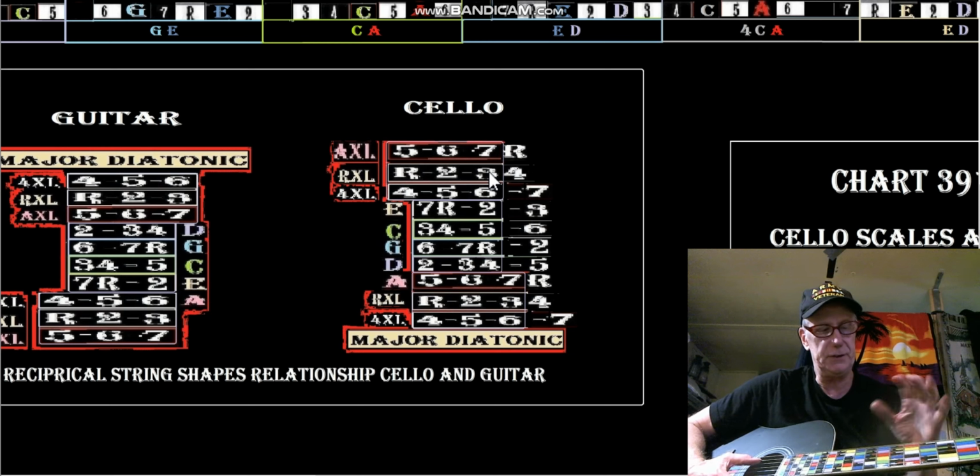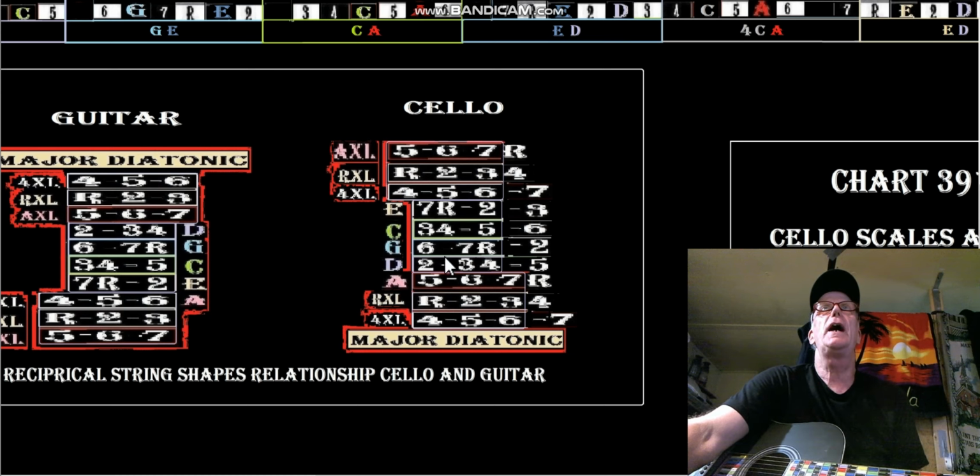So in the cello, since it's in fifths, we'd have to play like that. So we go the root, root, 2, 3, but then to go up in the cello, we're going to play the 4, and then we're going to go to the 5, 6, 7, whereas with the guitar, root, 2, 3, when you're going down, goes to 5, 6, 7.